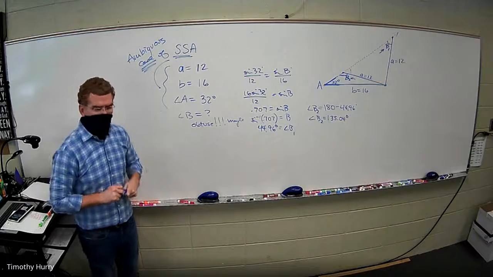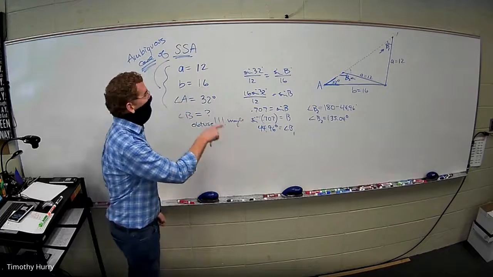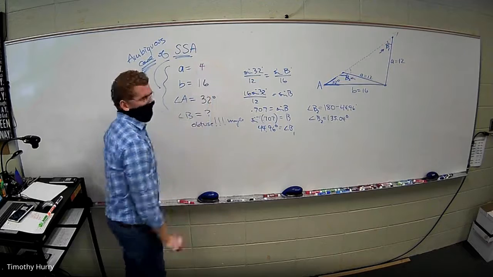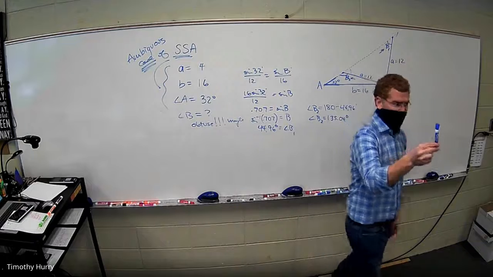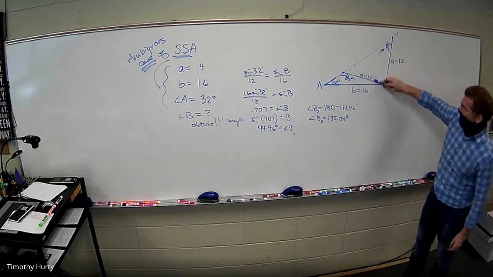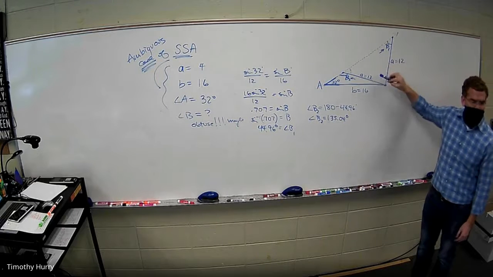Now, when I say no triangles, what if this side was just 4? If side A is just 4, and I put 4 in there, what happens? It doesn't make it there, does it? So your calculator, guess what it's going to say?